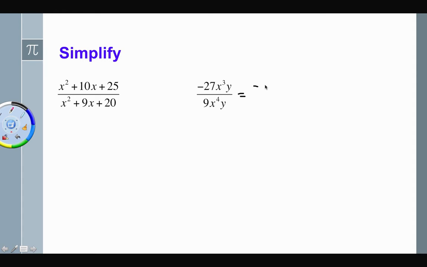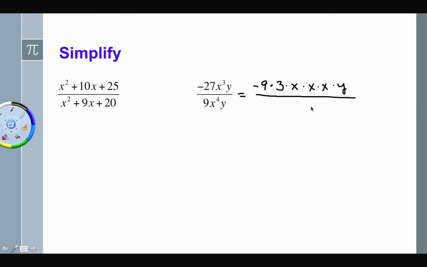So I know that 27 can be written as 9 times 3. I know that x cubed can technically be written as x times x times x. And y to the first power is just y.